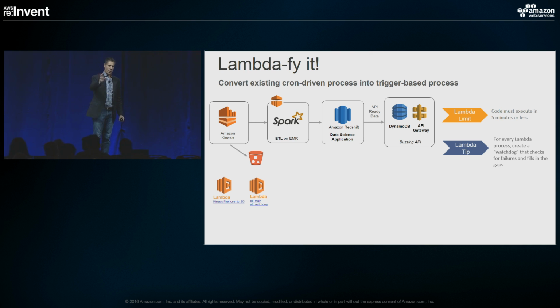It's basically a cron-based Lambda that looks to see if there's a failure. And if there is, or if there's a hole in the data, for example, it'll run on its own and fill in the gaps. We call these the watchdog Lambdas. So if you're going to make a production system, one of my first recommendations is to think about having a watchdog.